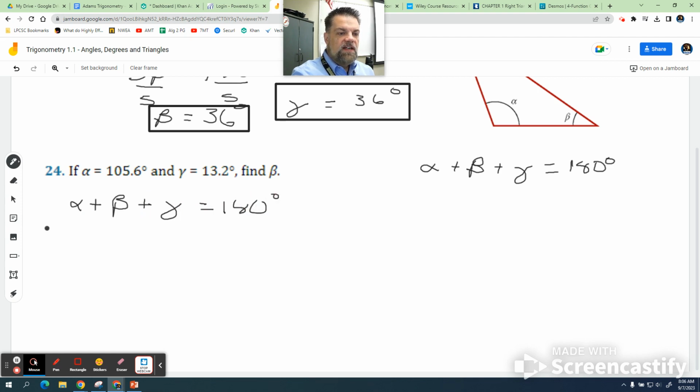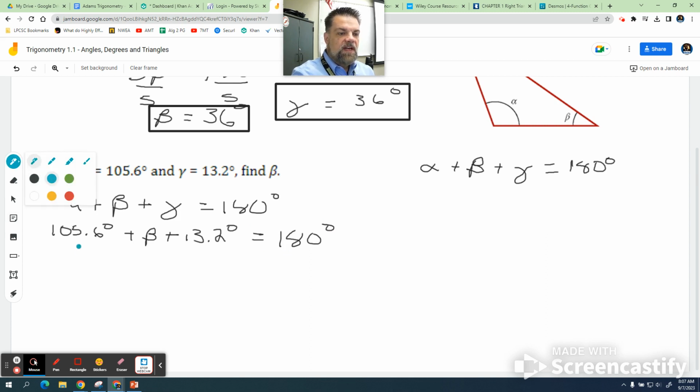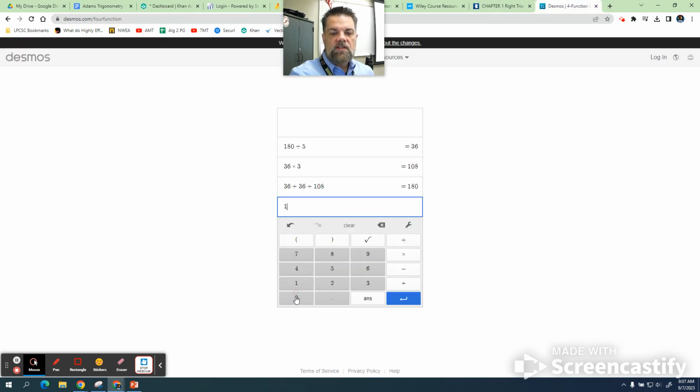Now, wherever there's an alpha, I'm going to plug in 105.6 degrees plus beta plus gamma, which is 13.2 degrees, is equal to 180 degrees. I'm going to combine like terms, right? So I'm going to add 105.6 plus 13.2.